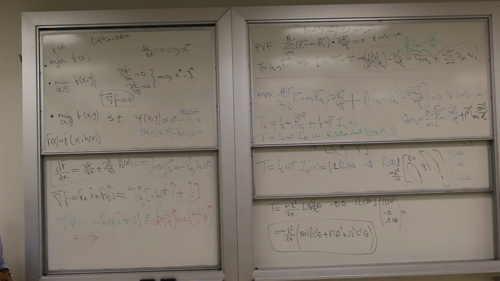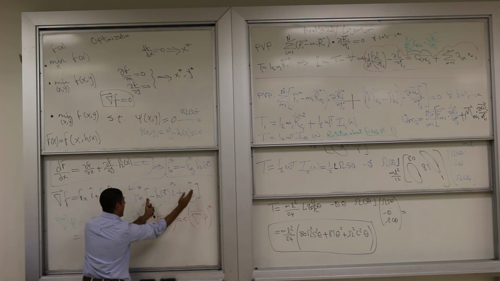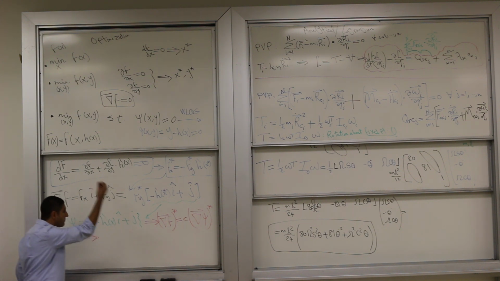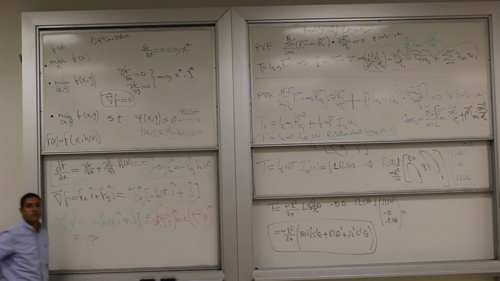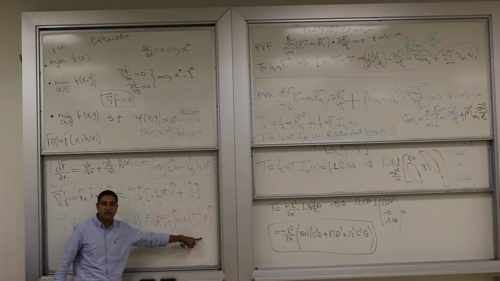Correct? The gradient of this guy is some number times the bracket, and this is exactly the bracket. Correct? You're multiplying the whole vector, every single component of the vector, by just a scalar, a constant. I call it C.